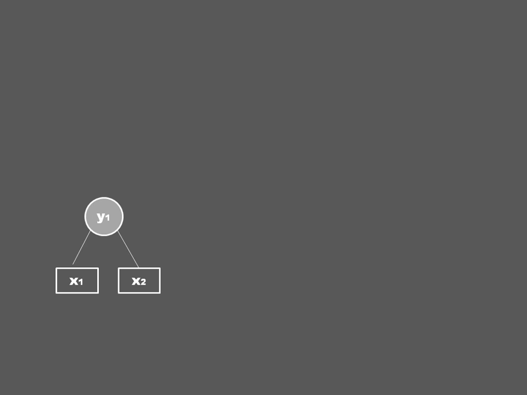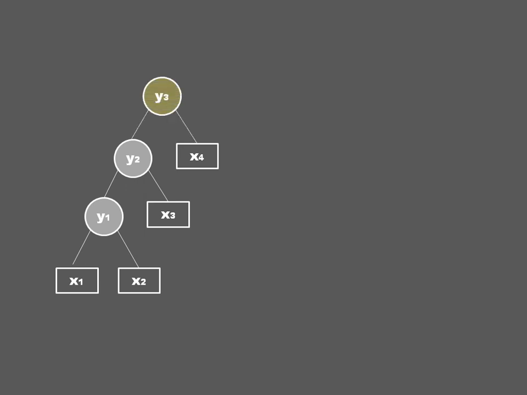Now we merge this y1 file with the x3 file, so we get y2. Then this y2 file is merged with x4. Then we get the desired sorted file, that is y3. Now this is one of the patterns of how we can merge these files into a single file.